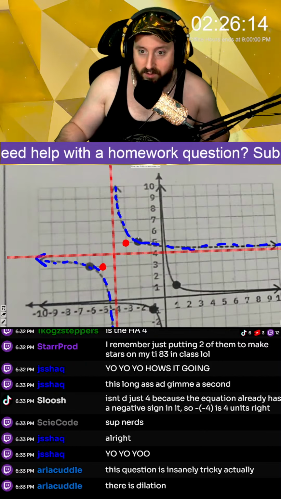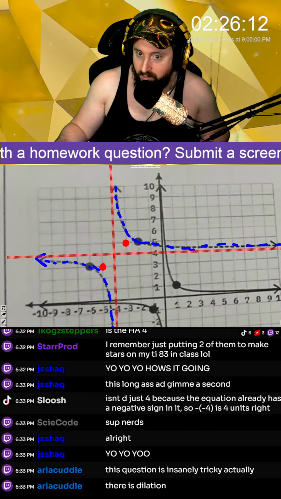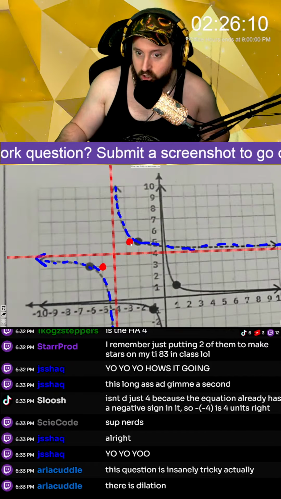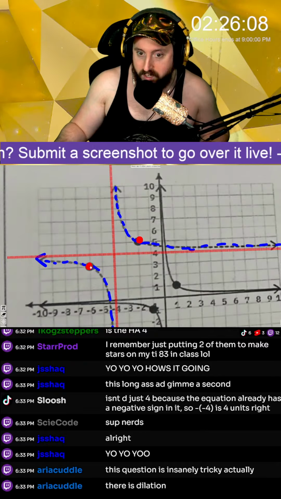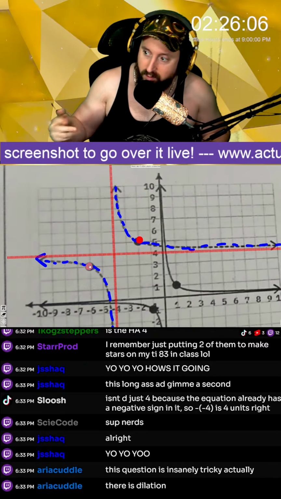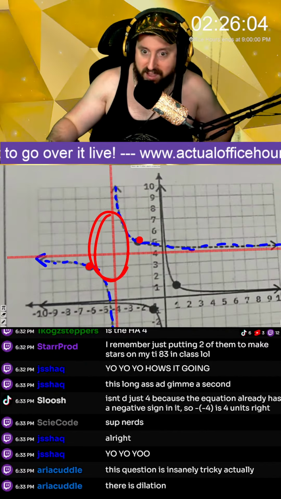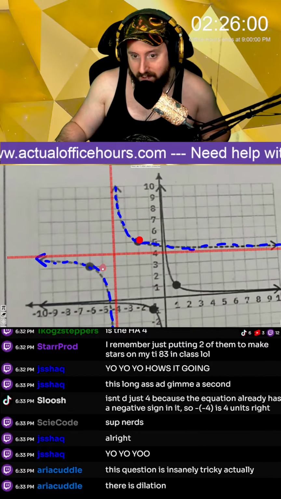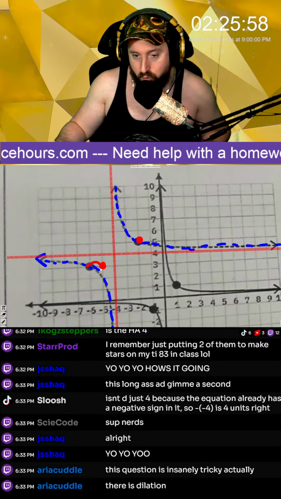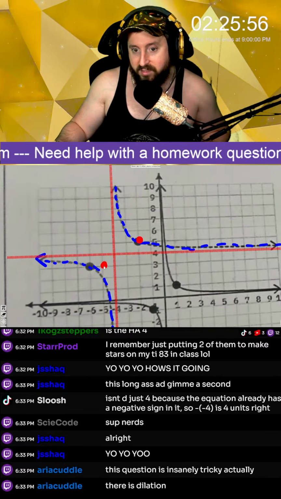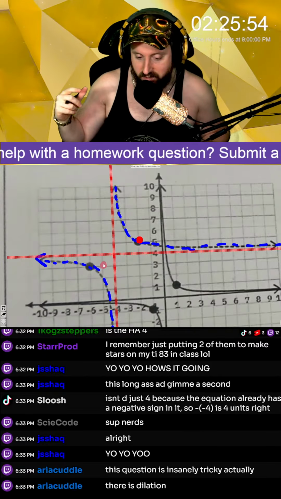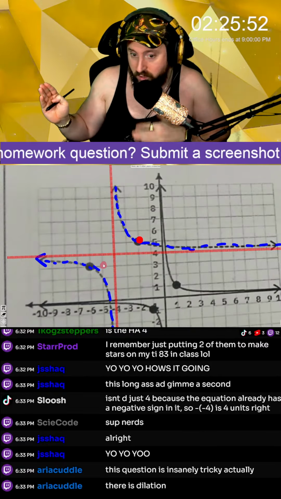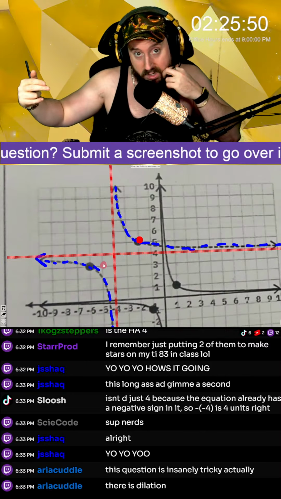So the key thing here is that this point got shifted an extra 1 unit away from this asymptote. So instead of being 1 away from here, it's now 2 units away. So that's a horizontal dilation, a horizontal stretch of a factor of 2.